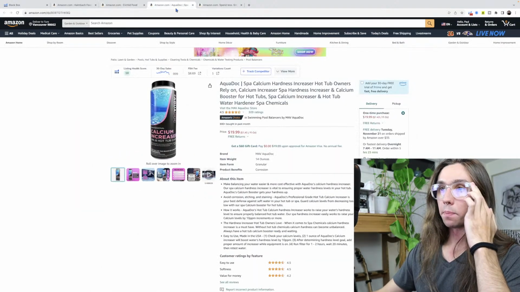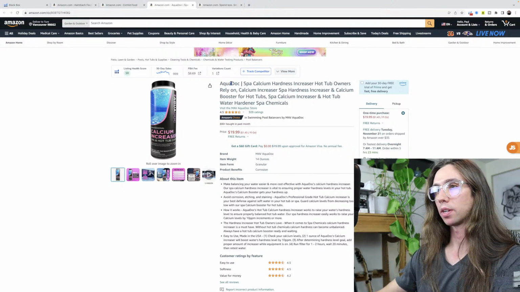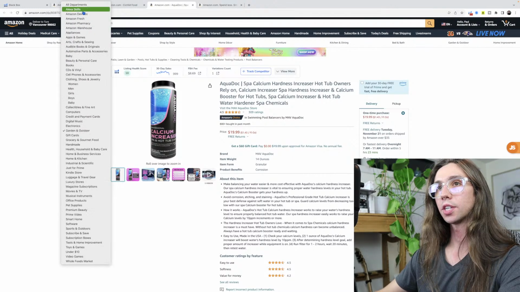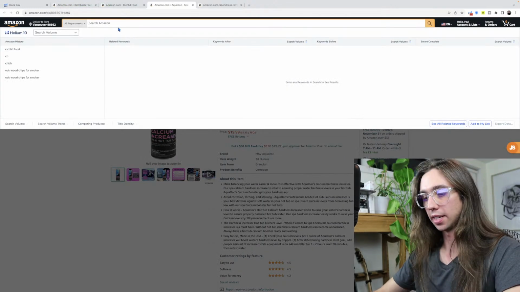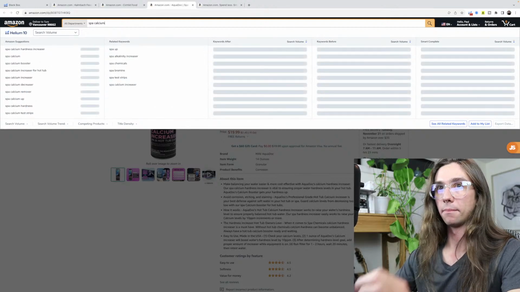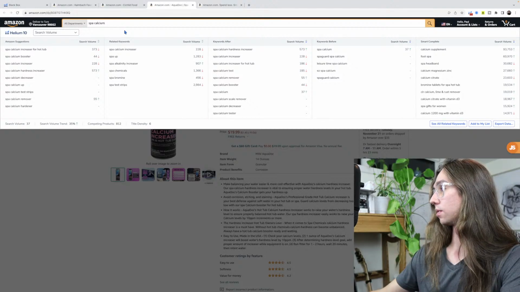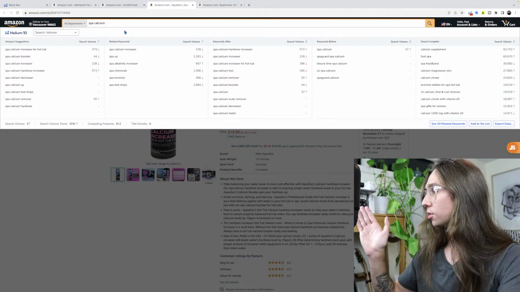Aquadoc, let's check that out. So this is a hardness, how would I even search this? Calcium increaser. I'm just gonna go for spa and calcium and see what happens. Thankfully, Helium 10 is, you see me looking over here, by the way, that's where my other monitor is.